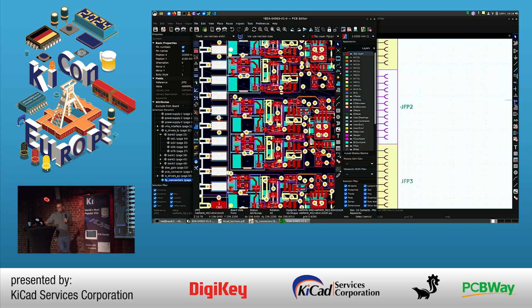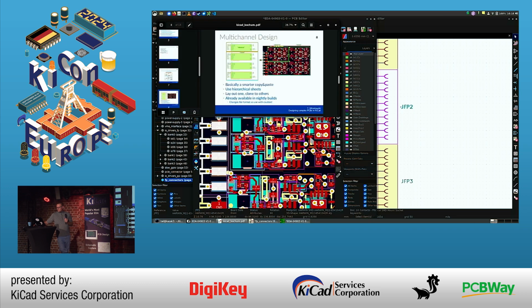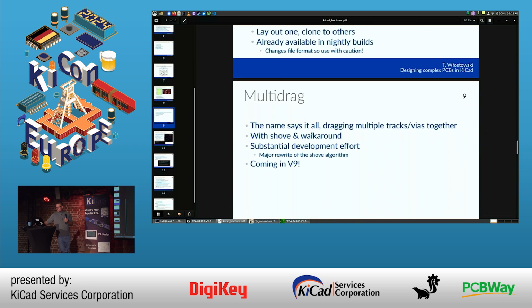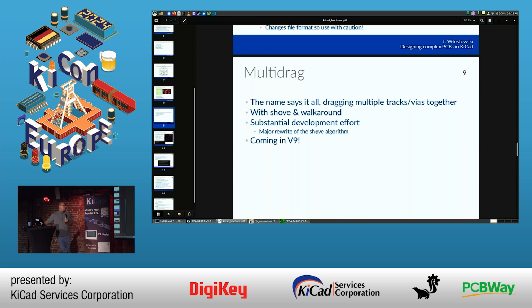Then what's next? That was actually the thing that I found missing the most, maybe not the most, but one of the, let's say, more annoying things while doing a complex layout. It's the lack of multidrag in the router. Simply grouping a few tracks and routing them as a bundle, moving them as a bundle.